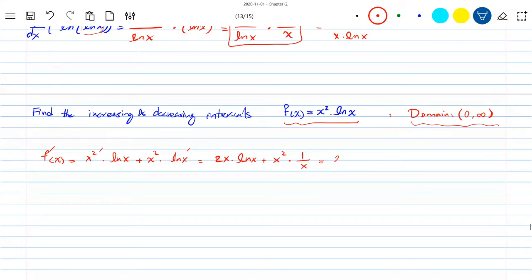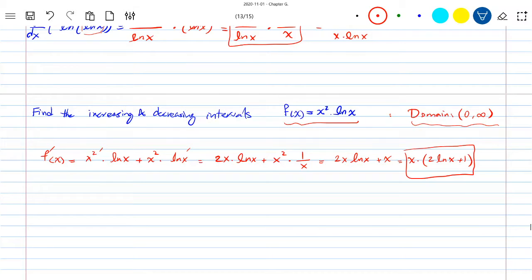And that is 2x ln x. X squared and 1 over x, you can simplify it to simply x. You can factor out an x as well: x times 2 ln x plus 1. So this would be the simplified version of the derivative.